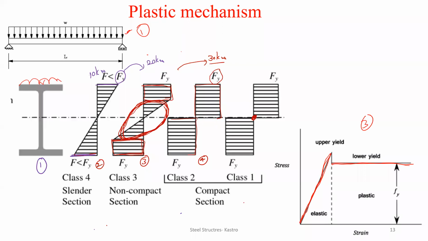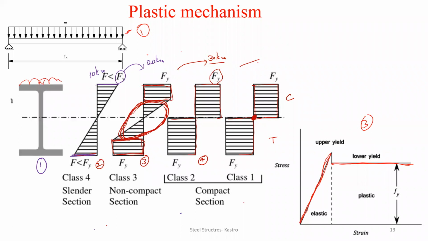If you keep on increasing the load on a particular member, when all the fibers in the member, both in the compression zone and tension zone, reach yield stress, then a hinge is formed, which is called a plastic hinge.